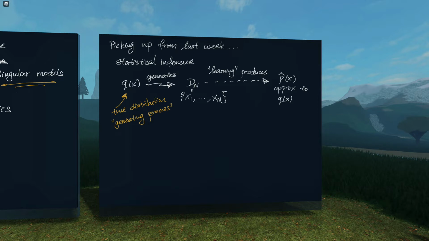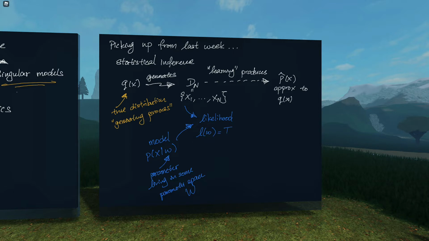And we saw that one way to have such a learning process is to first define a model, which is a family of probability distributions parameterized by a parameter living in some parameter space W. Together with the data set and the model, we can define something called the likelihood function, which is a function of the parameter.